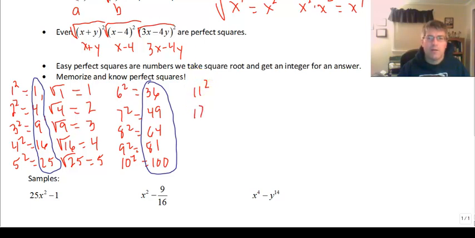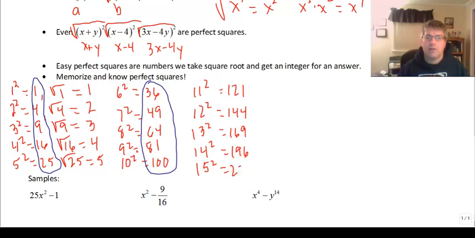11 squared, 12 squared, 13 squared, 14 squared, 15 squared. So my perfect squares here: 121, 144, 169, 196, and 225. You'll also need to know some simpler ones. 20 squared.